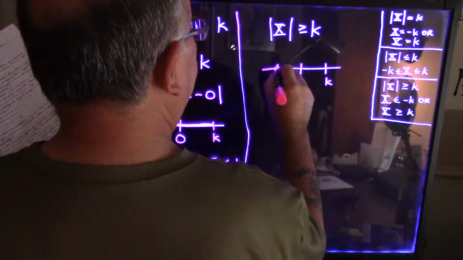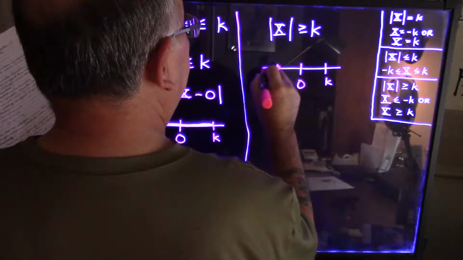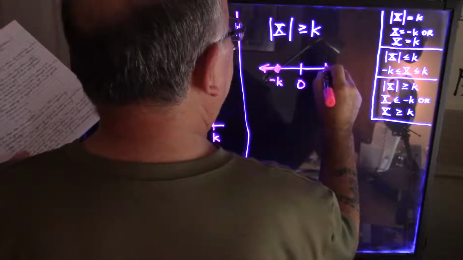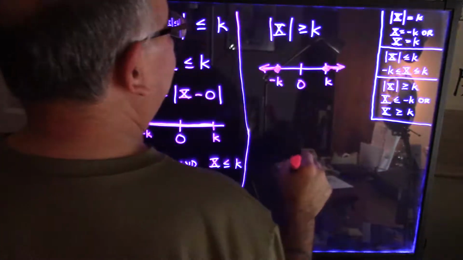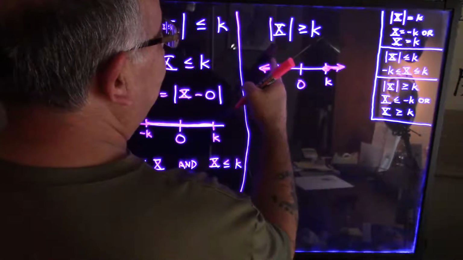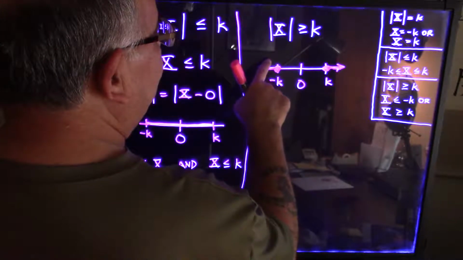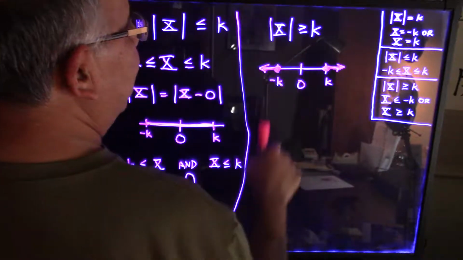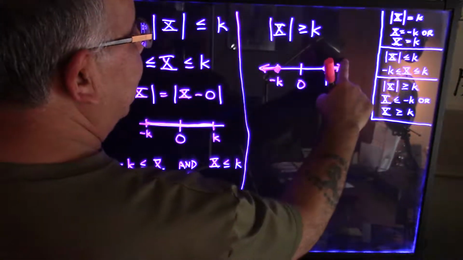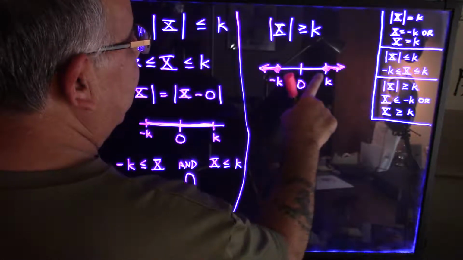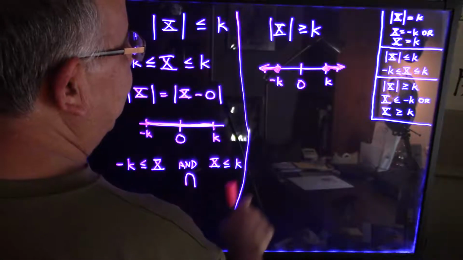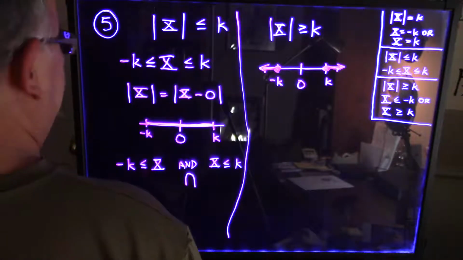So that means that the solution is going to be out here in either direction. So x could be out here somewhere, so the distance between it and 0 would be greater than k if it were out here, let's say, or out here. It would be equal to k if it were right on the dots there. So that's the geometric reasoning behind that.